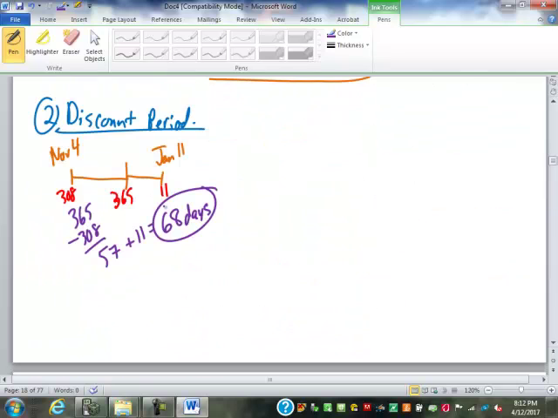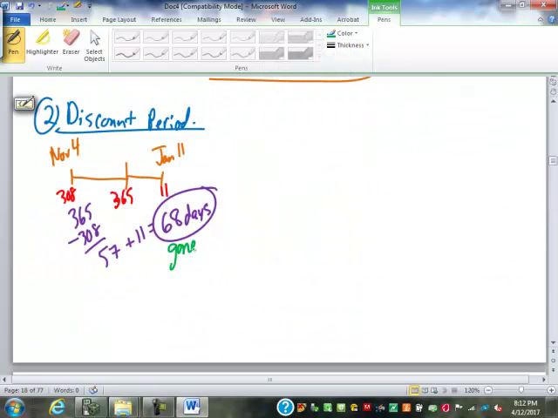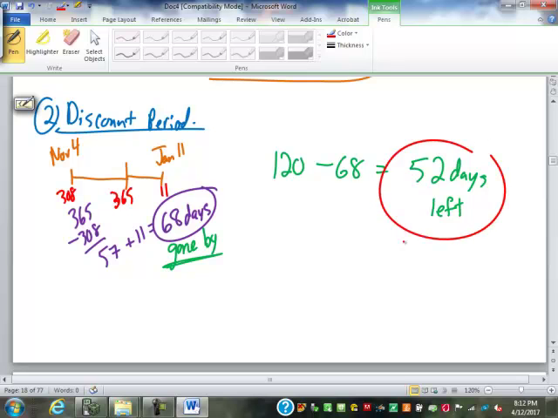That's how many days have gone by, or have passed, however you want to word it. So yes, it's 120, which is the term of the note, minus the days that have gone by, means there are 52 days left. That's how long the bank is going to have to hold the note. So that's my discount period.